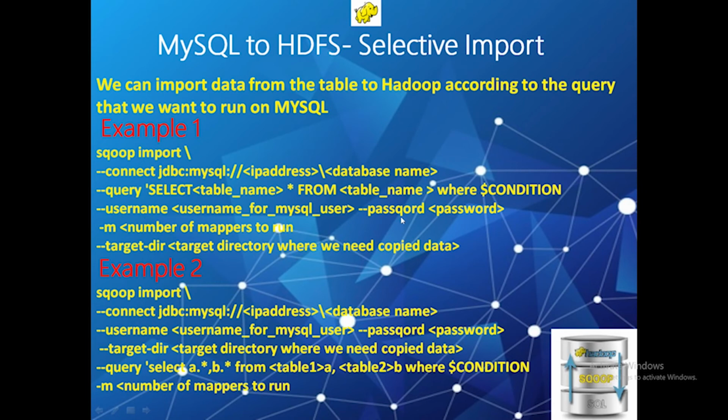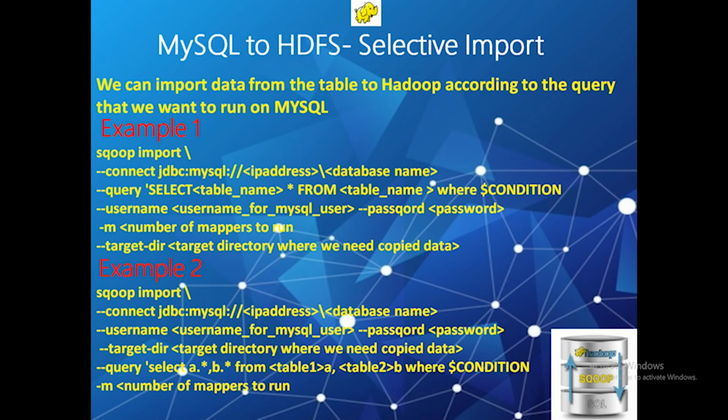After that you can also use the number of mappers; -m is the option. After that you can put the number of mappers like 1, 2, 3, 4. And after that you can put the target directory where we need to copy the data.